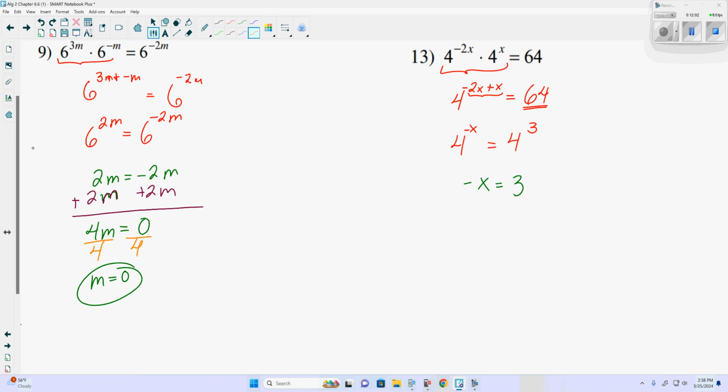And the last thing we need to do is divide both sides by negative 1. We can multiply by negative 1. We need our x to be positive instead of negative. And when we do this, it turns the 3 from positive to negative. So here x is negative 3.